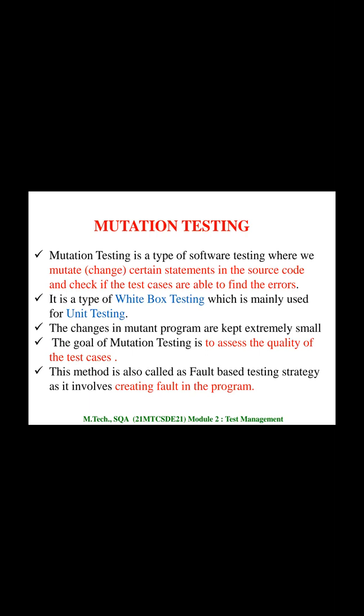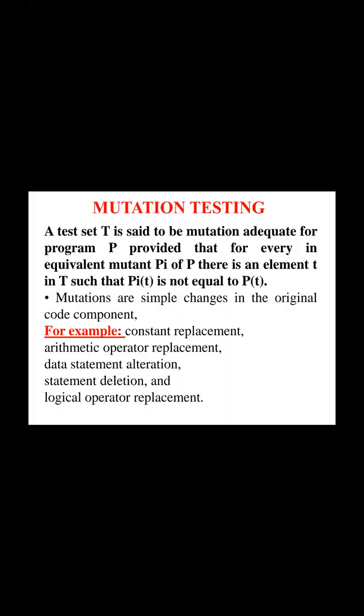The method is also called a fault-based testing strategy as it involves creating faults in the program. So we'll create our own fault, then the faulty program will be tested to identify more hidden errors in the project. For example, in mutation testing, T is said to be mutation adequate for program P. So we'll take three variables.